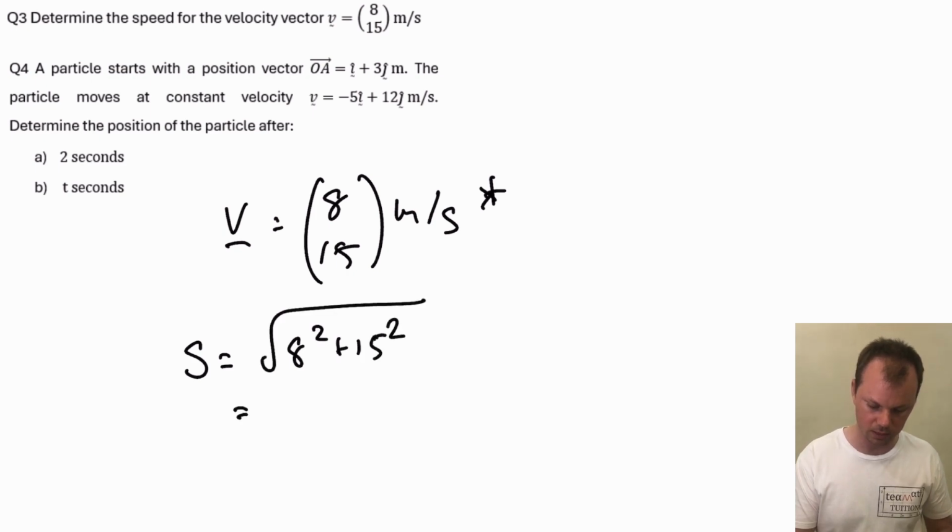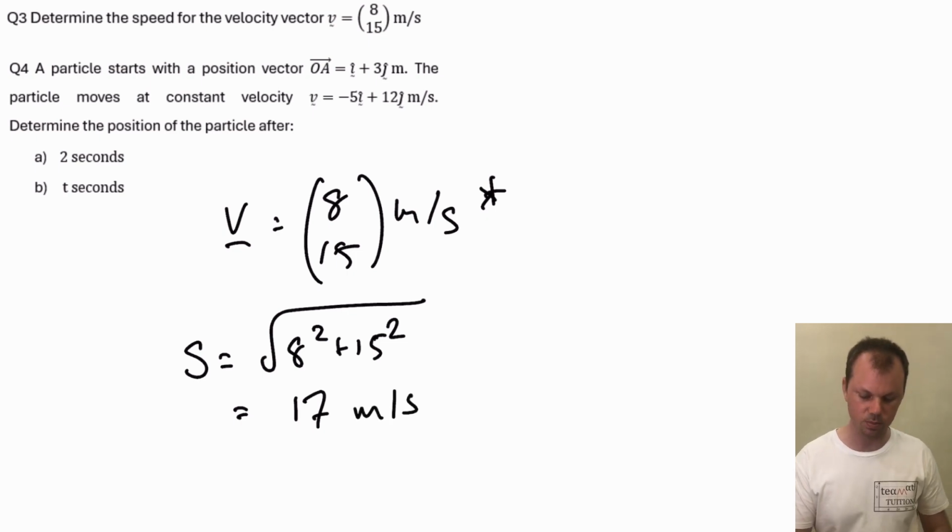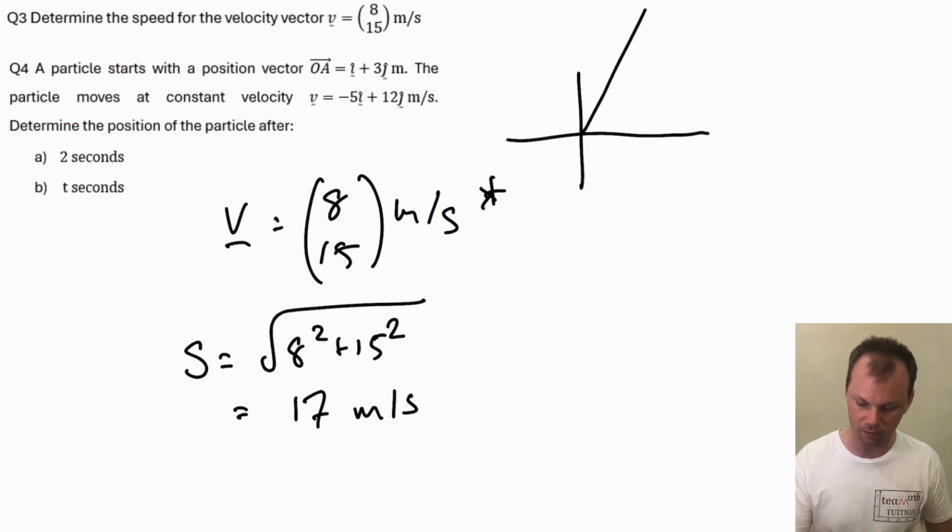I chose these to get an actual integer number, so we get a speed of 17 meters per second. I'm going to show the angle even though the question doesn't ask me, just so you can see what it is. So we have 8 across, 15 up, we're after that.